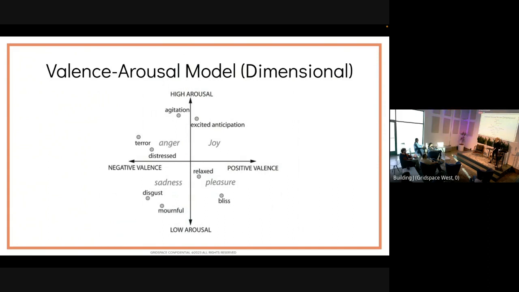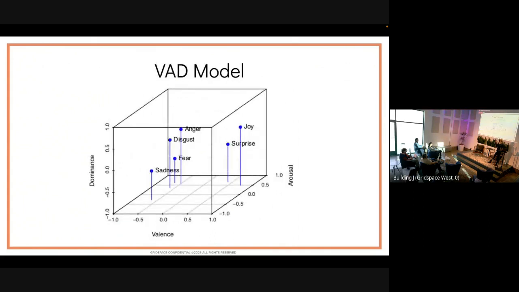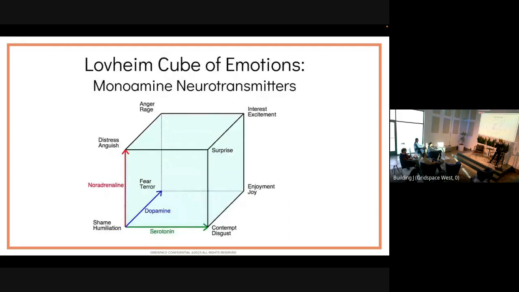Looking at dimensional. With the valence arousal model, people tend to add a third axis, sometimes one for body language I've seen, but focusing more on speech, a traditional one to add is dominance. Valence is negative to positive, arousal is energy, and dominance is how forward that is.